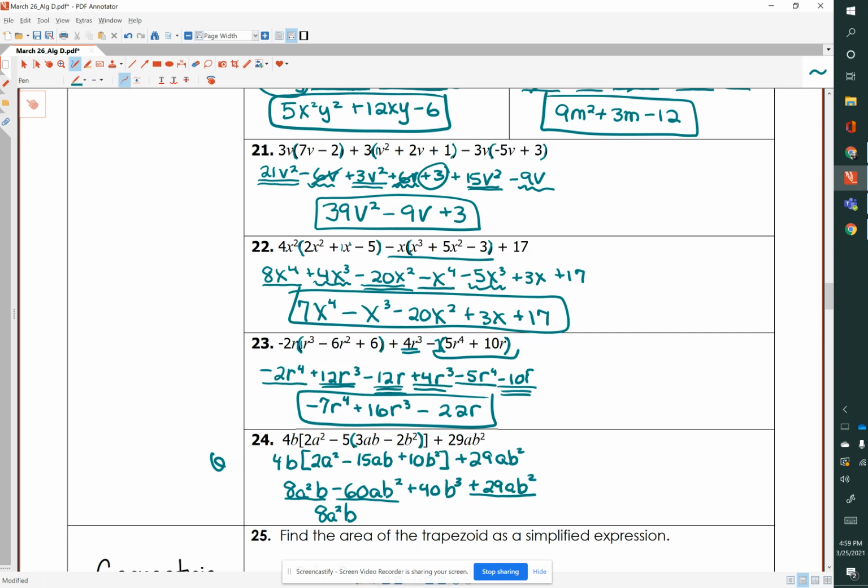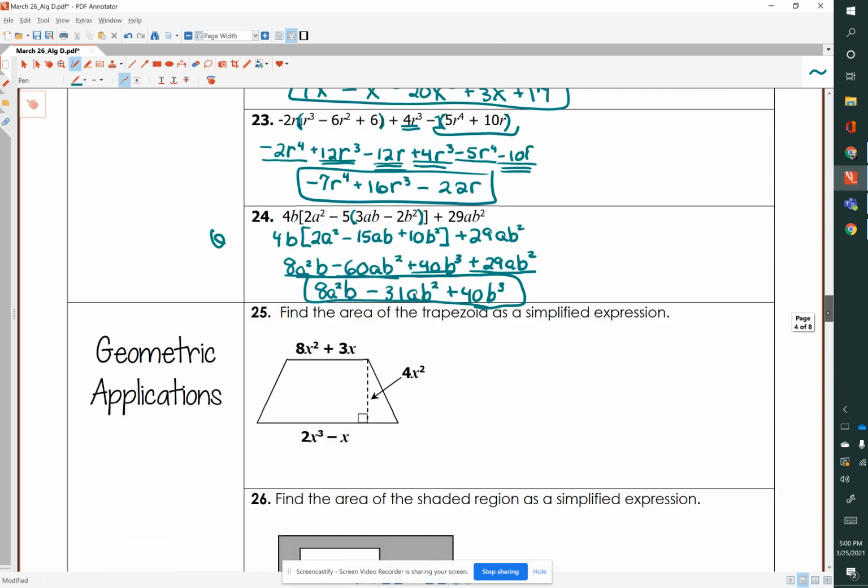So negative 60 plus 29 is negative 31 ab squared. And then we have that plus 40 b to the third that doesn't combine with anything. We're in ABC order with descending exponents, standard form.